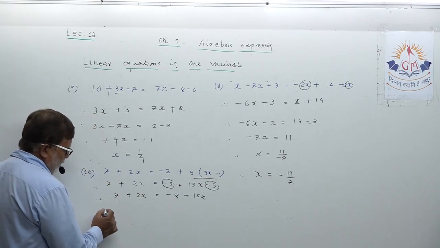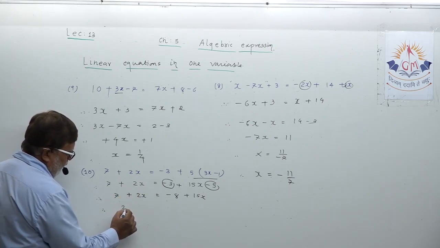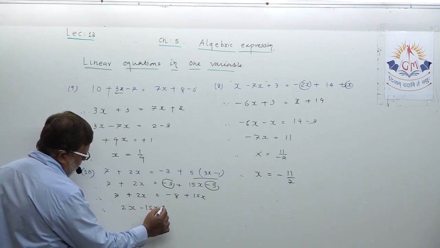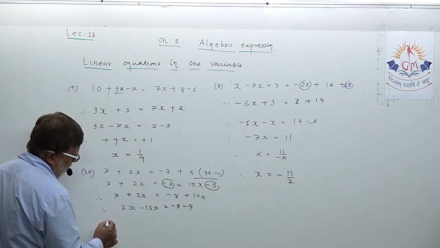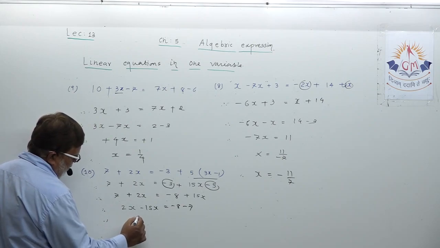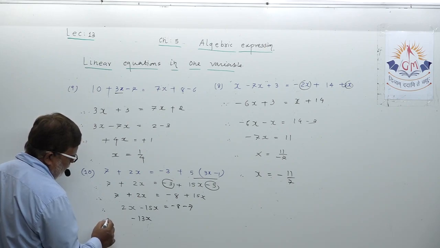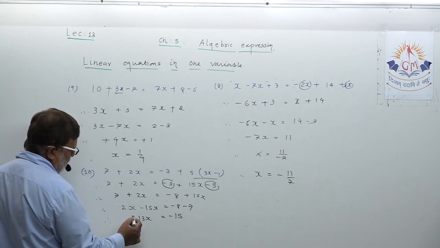Now it got in the rhythm of the previous equation, just transfer the term 2x. Minus 15x, minus 8 minus 7. This is minus 13x equal to minus 15.